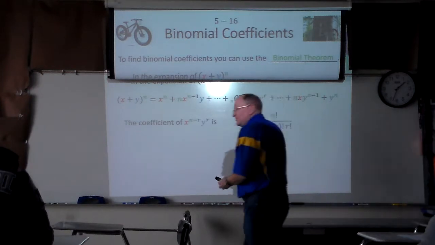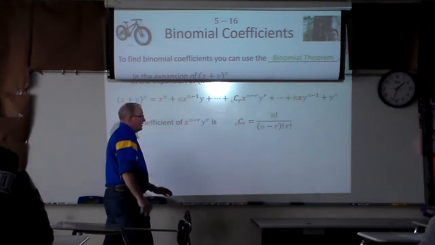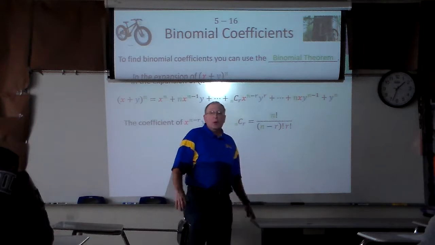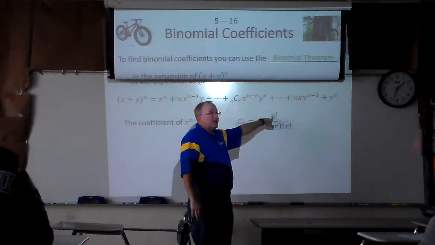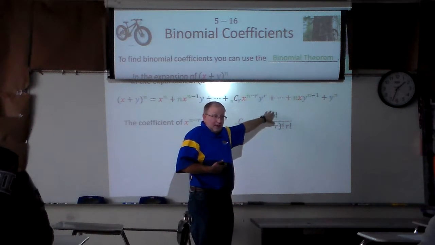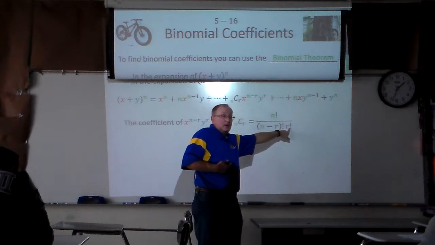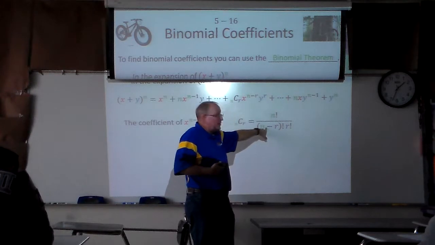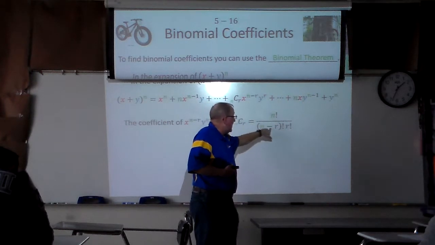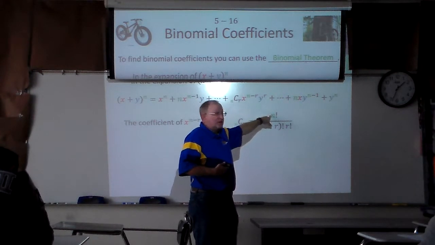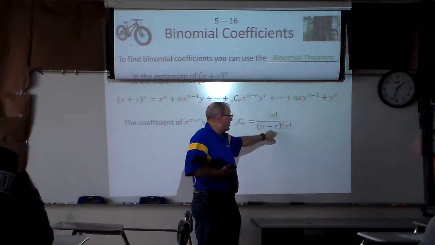So what this is saying is, to find the coefficient, take whatever the term is. Let's say it's 8, which means all the exponents add up to 8. If r is 5, that would be 3. These two numbers have to add to make n. That's why it's called n minus r.